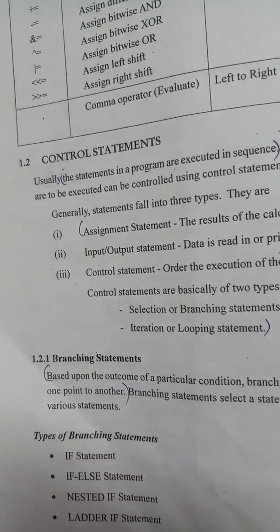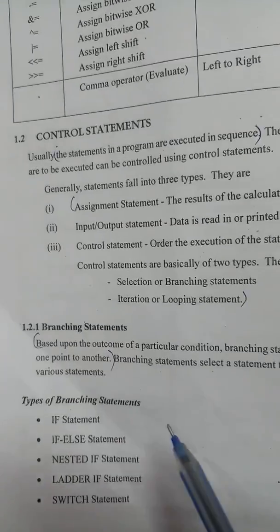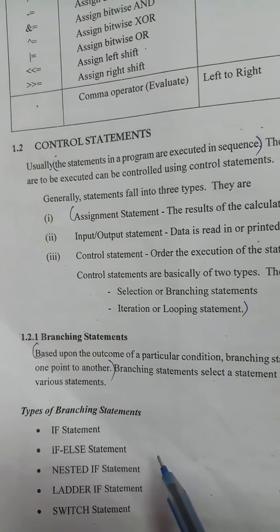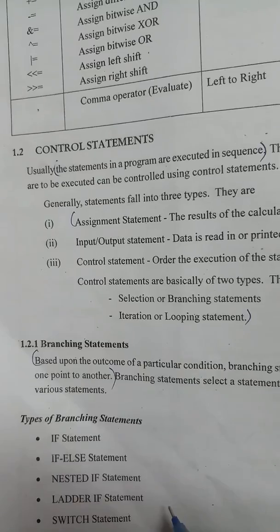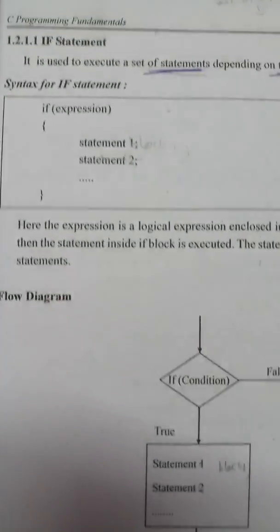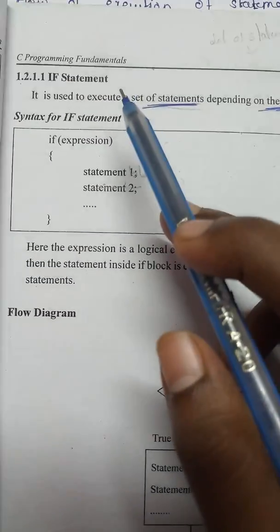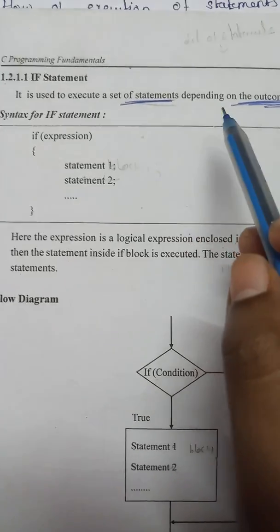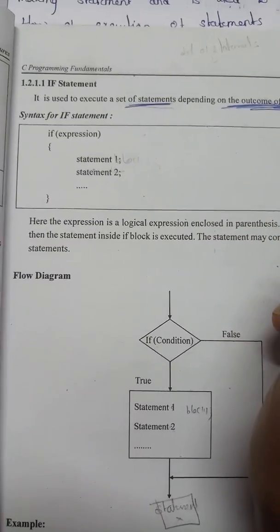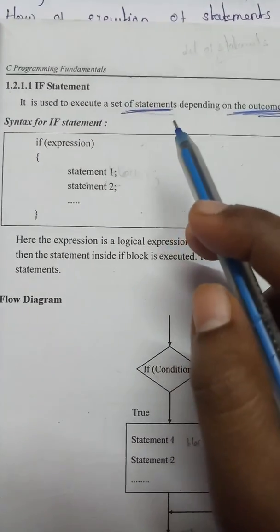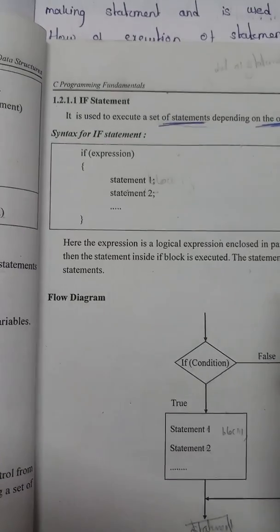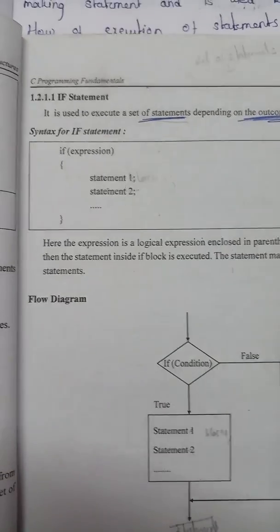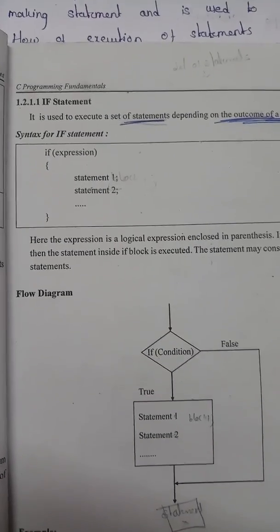There are different types of branching statements. The first one is if, second one is if else, the next one is nested if, then else if ladder statement, and the last is the switch statement. First one is the if statement. It is used to execute a set of statements depending on the outcome of a logical test. It will test the condition and then execute the statements.